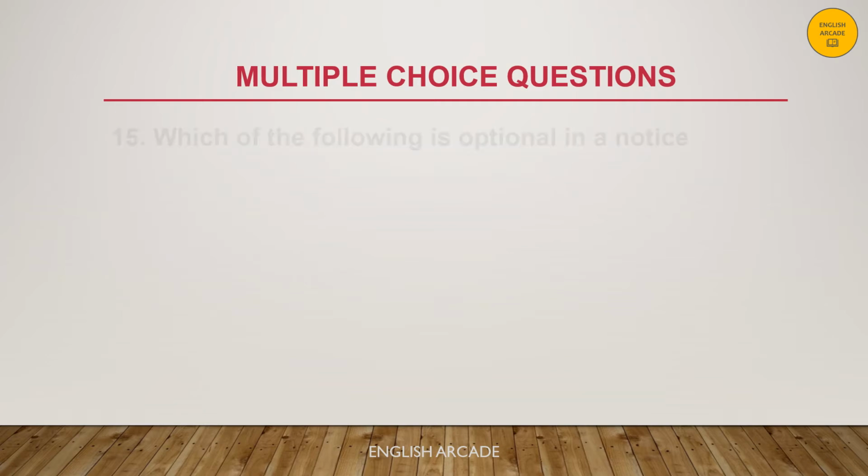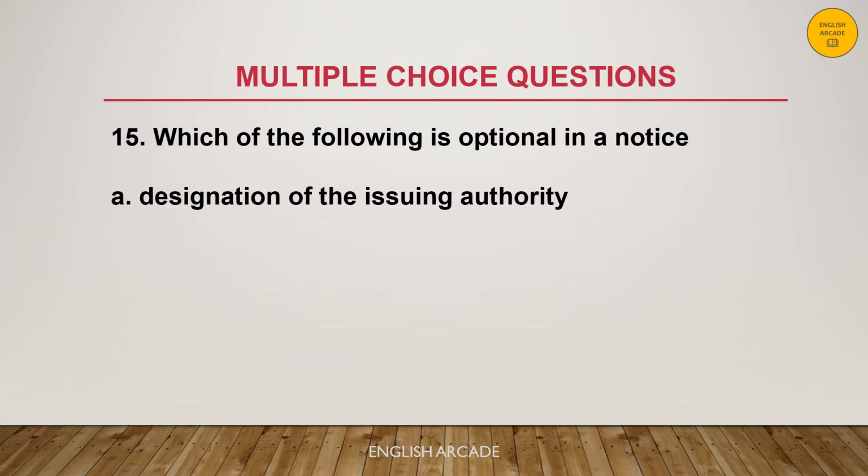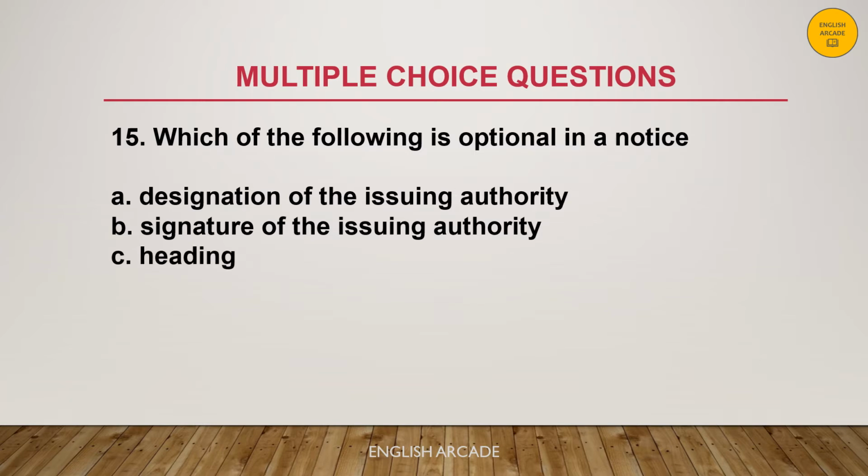Question 15. Which of the following is optional in a notice? A. Designation of the issuing authority. B. Signature of the issuing authority. C. Heading. D. The word notice. And we all know that the correct answer is signature of the issuing authority.